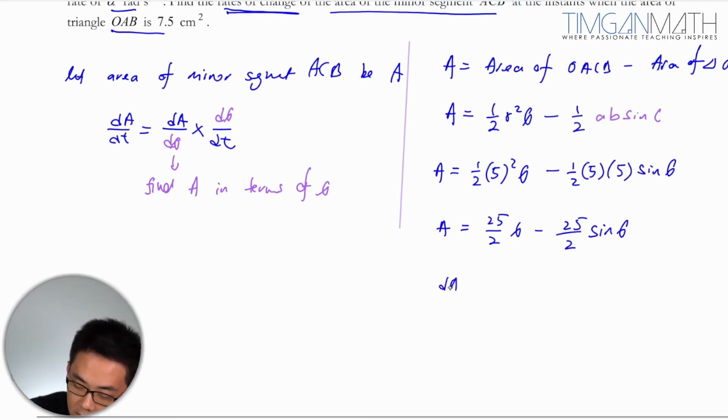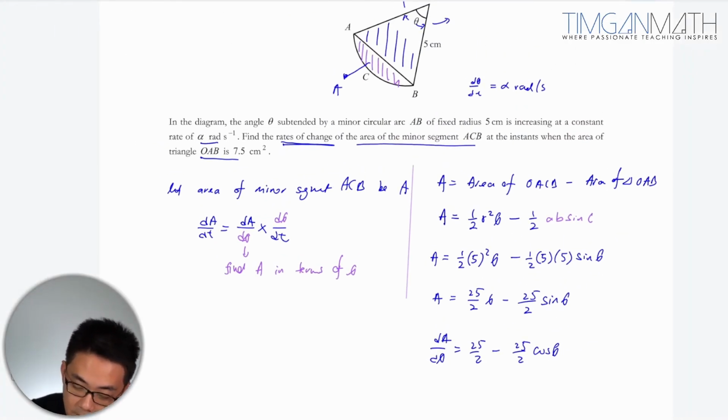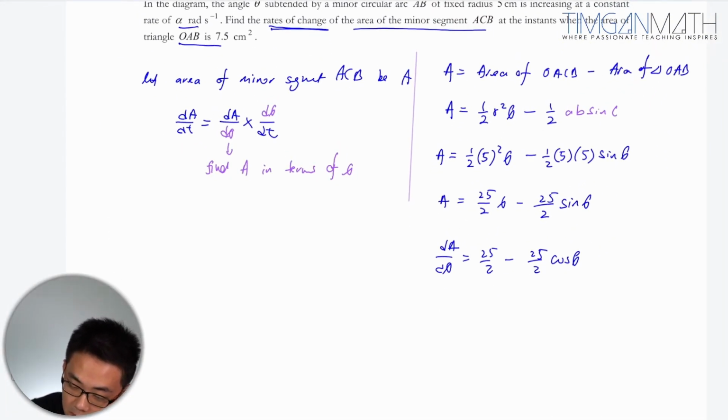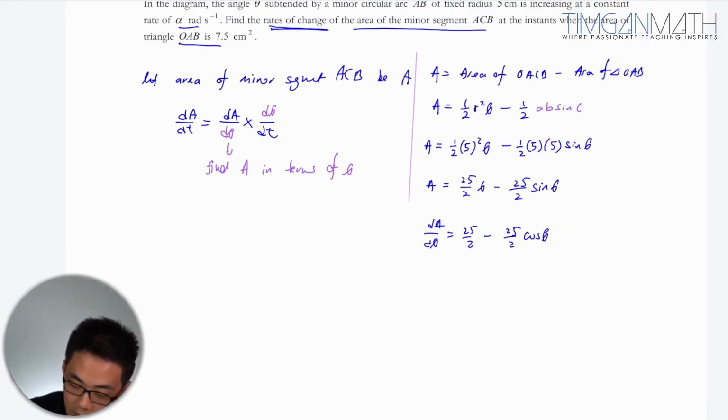Now we use dA d theta. Shouldn't be a problem. dA d theta will be 25 over 2 minus 25 over 2 cosine theta. Great, this is our value. So substitute this in.